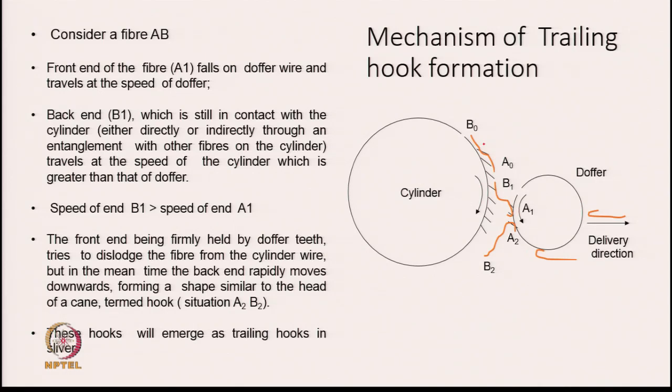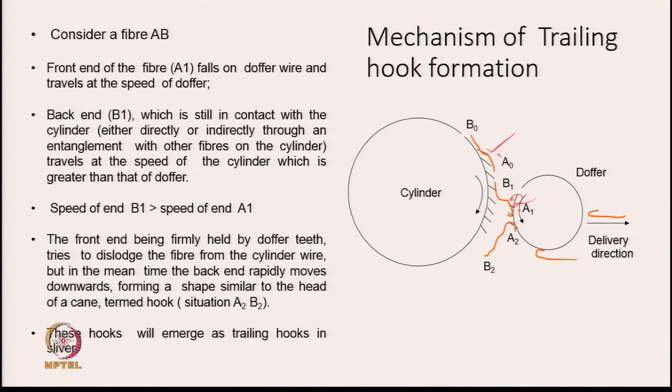Like the fiber's original position is A0 B0; let us say this is position 1, where the leading end has landed on the Doffer surface, but the trailing end is still in contact with the cylinder.